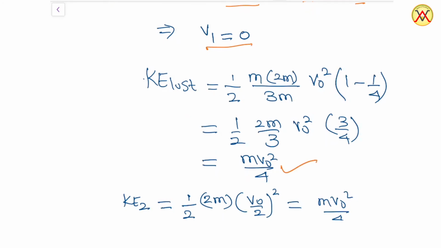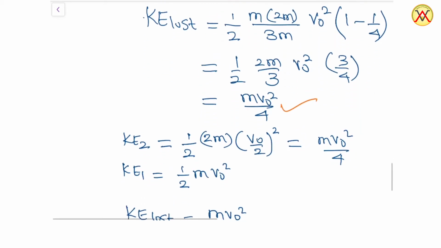Which is the same as m v0 squared by 4. Now if we find it by simply writing the kinetic energy after and before collision, the kinetic energy after collision is half into 2m into (v0 by 2) squared, which is m v0 squared by 4, as the first block comes to rest after collision, and the kinetic energy before collision is half m v0 squared.